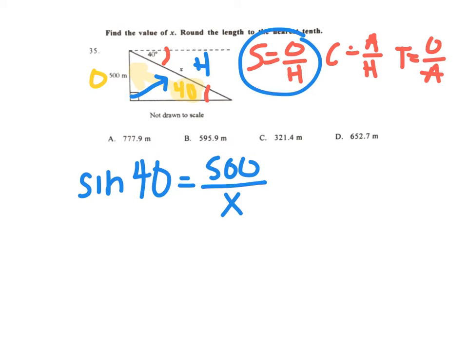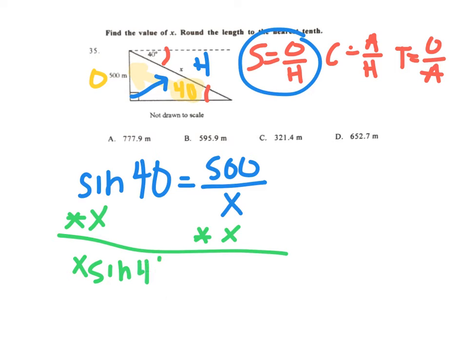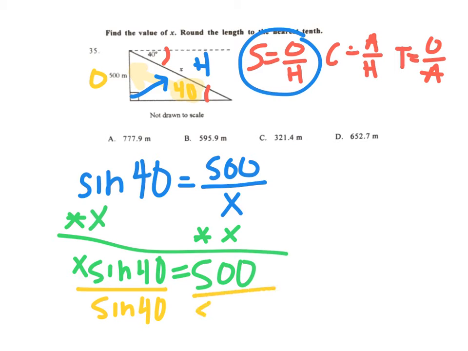We're trying to get x by itself, so I'm going to start by multiplying both sides by x. Then we have x sine of 40 equals 500. To get rid of my sine of 40, we'll divide both sides by the sine of 40. These will cancel, and we'll have x equals 500 divided by the sine of 40.